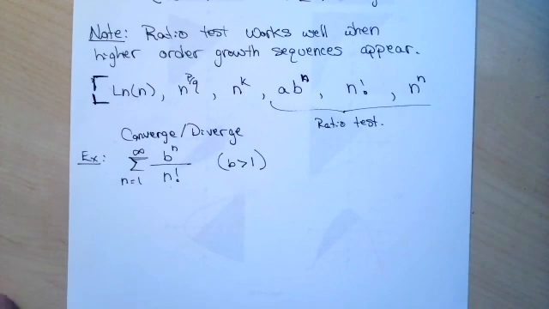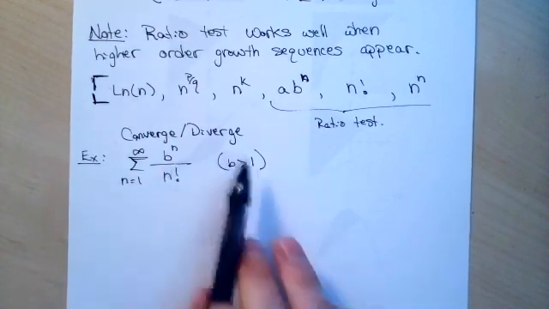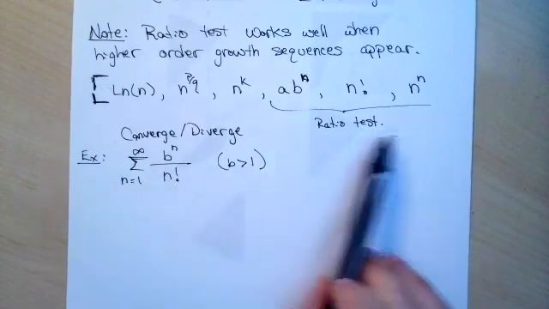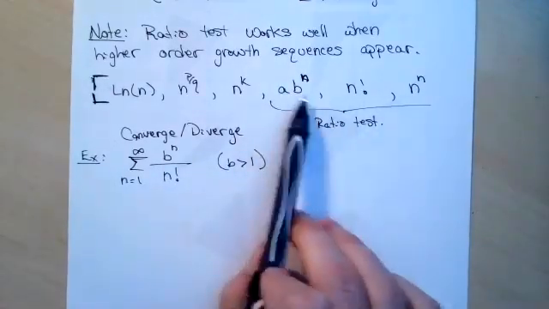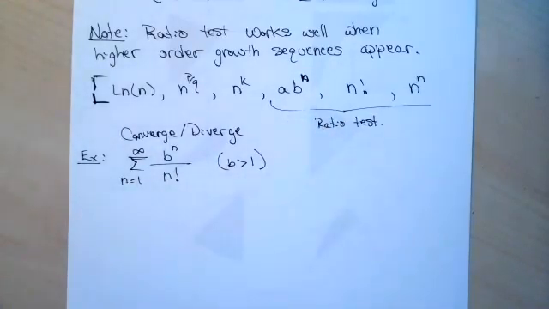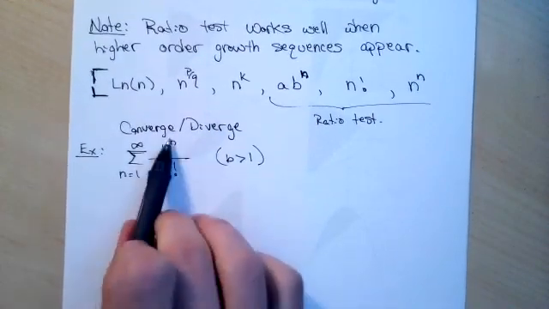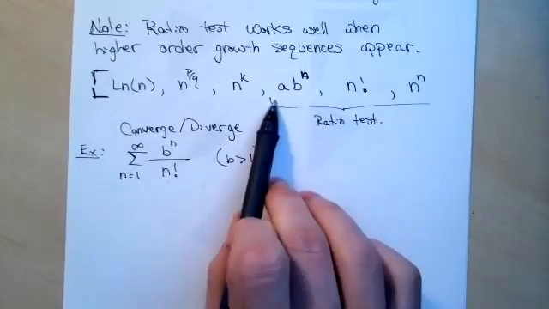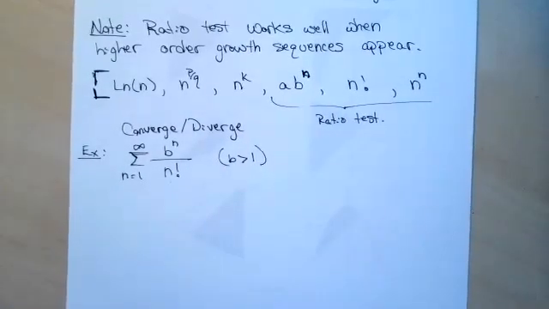And can we add up all the terms is what we're trying to discover. So anytime you see anything like this, no matter how they appear or where they appear in the series, you always want to base your methods on the strongest order of growth. So if you see a factorial or you see a geometric series, ratio test is always a good thing to start with to see if that'll work.